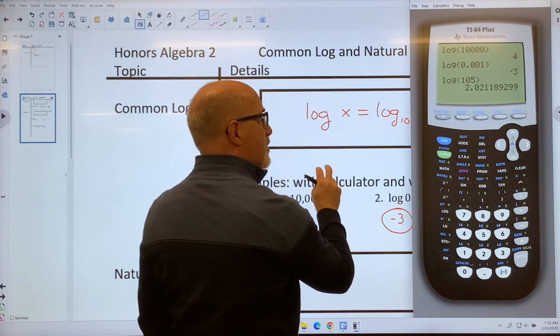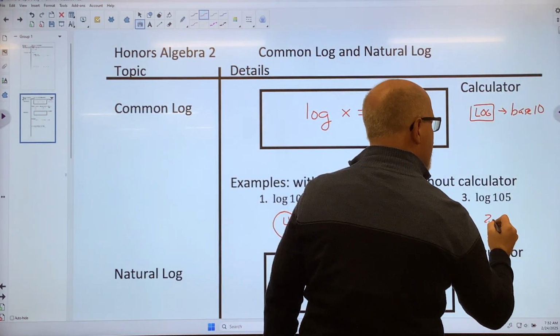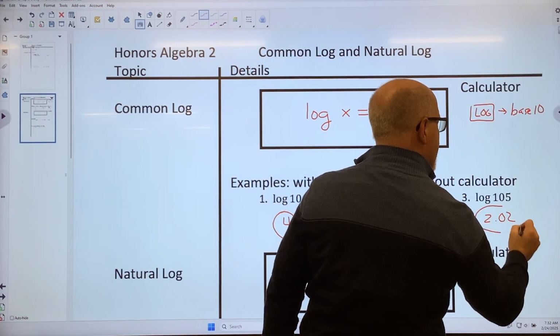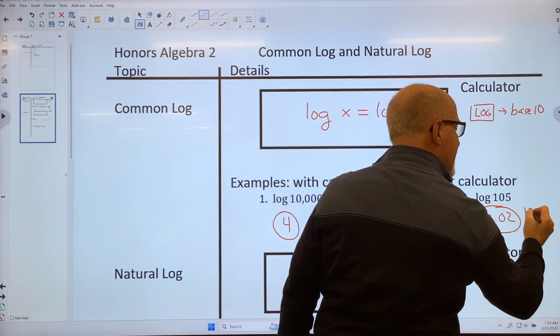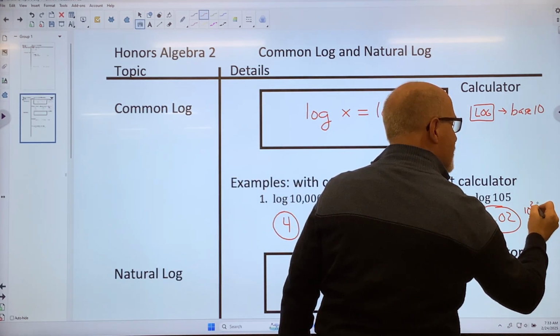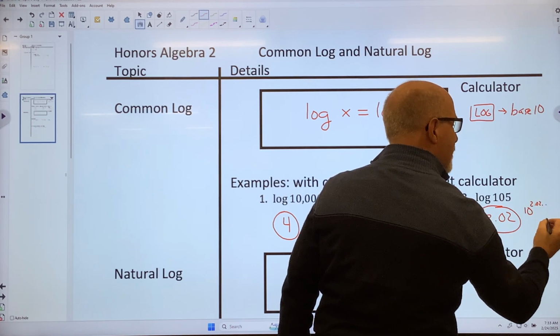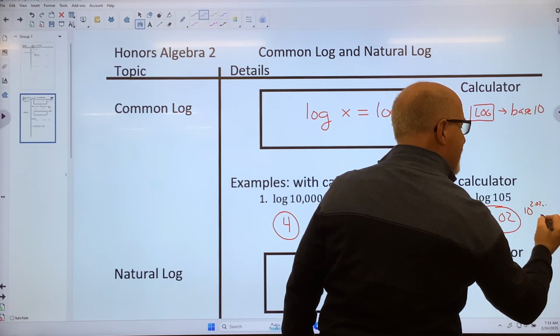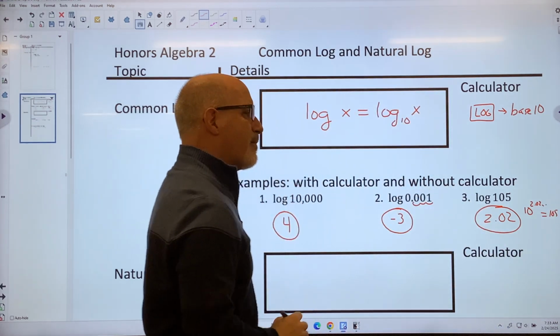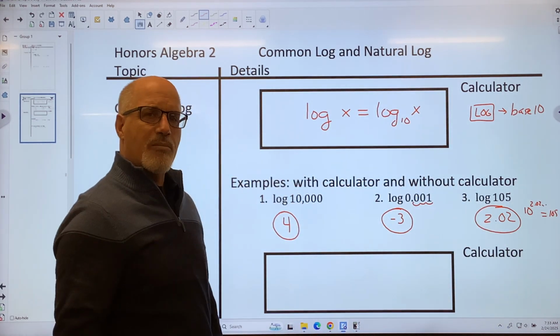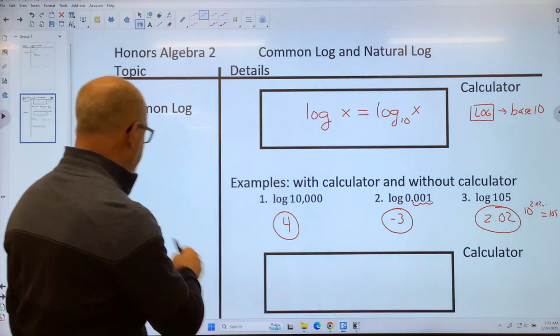So I'll do it to the hundredths place. So be aware that this means basically 10 to the 2.02 power, and it keeps going. To get it exact, you have to give more decimal places. It's going to equal 105. You can try that out to check it, but we've rounded it to 2.02.